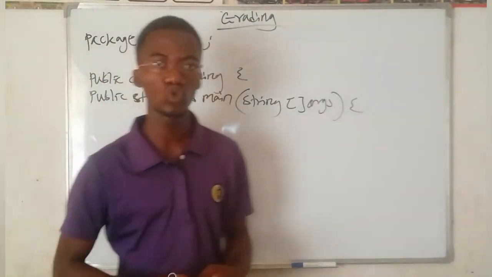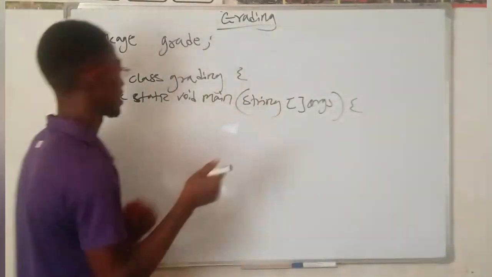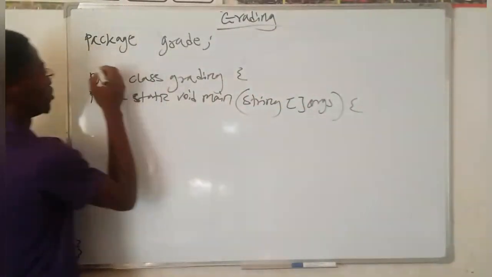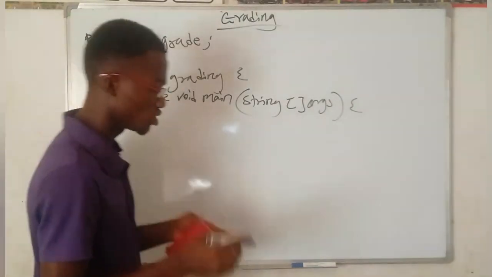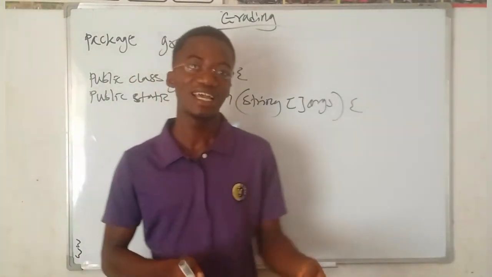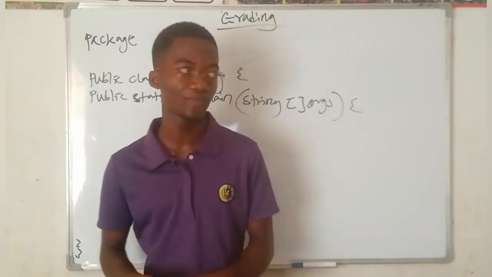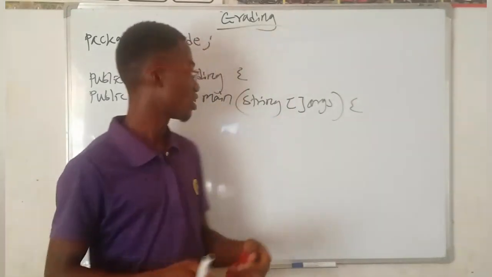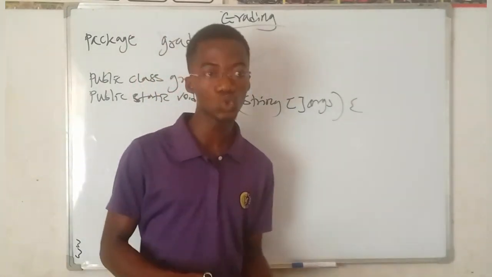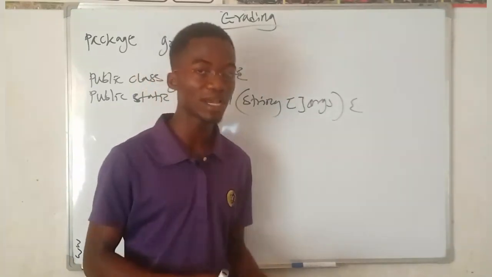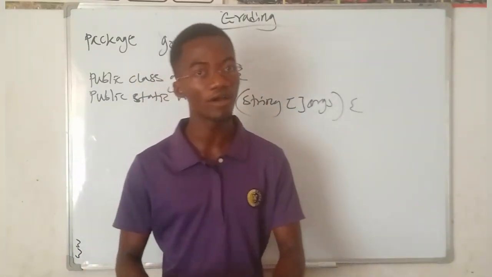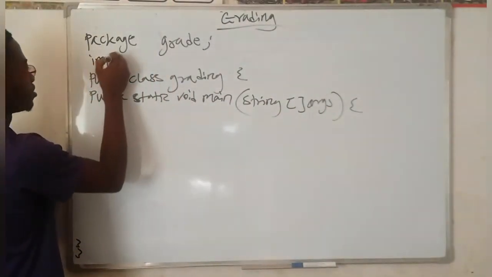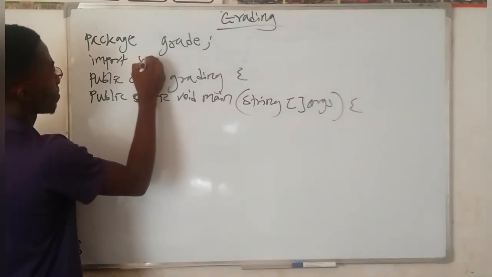So the first thing you have to do is import the Scanner class, because you are going to ask the end user to enter a particular grade, which will be determined by the compiler and shown on the console as a passing grade or a fail grade. So now we are going to import this class: import java.util.Scanner.